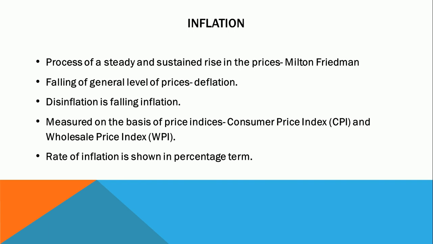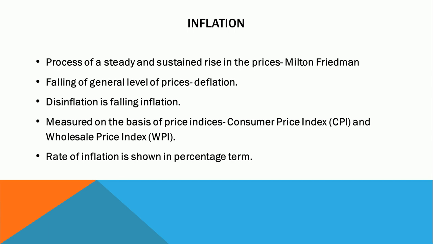Now what is the difference between the two? I will come to the components later, but just for the sake of knowing, in very simple words, the consumer price index sees the prices of retail purchase and sale that the consumer is paying.